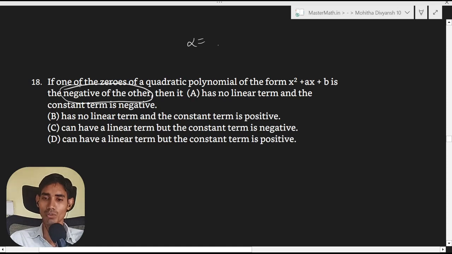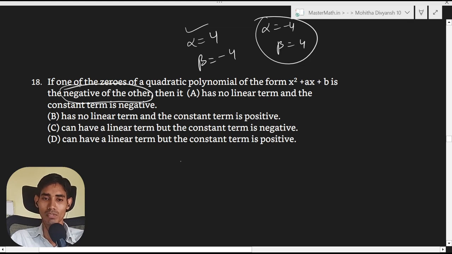So alpha is, what do you want to take? Alpha value is which number? Four. Okay. So beta would be minus 4. Even if you want to switch, it is going to be the same thing. It doesn't really matter. So there is only one case, right? Now solve this further. How to form the polynomial? Alpha is 4 and beta is minus 4. What's the polynomial going to be?